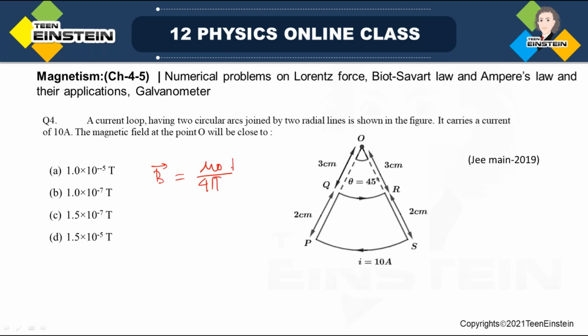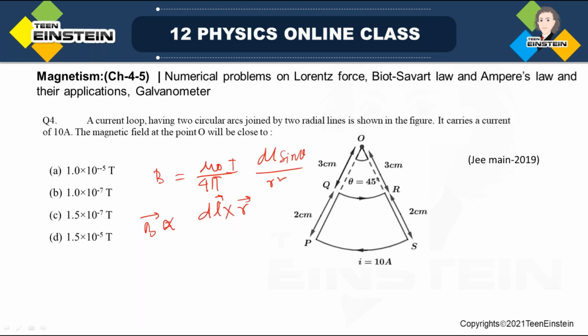I'll just go with magnitude. If you write it in terms of vector, this is proportional to dl cross r. Okay, so B is proportional to dl cross r.